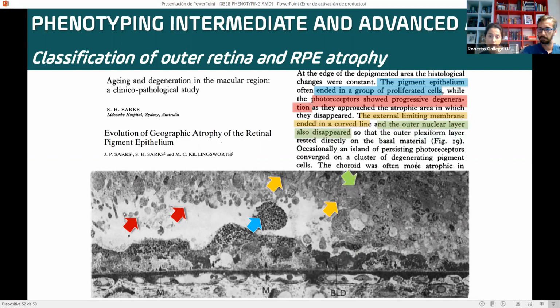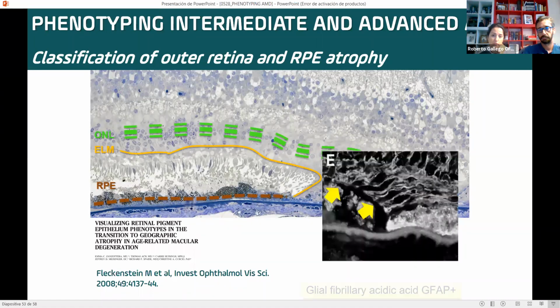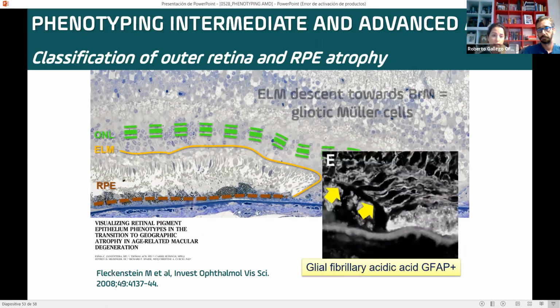So they already described this descent. So our question was, can we see this descent in the OCT? So this is again the same. So the ELM is differentiating the area of atrophy of the photoreceptors compared to the area of preservation.